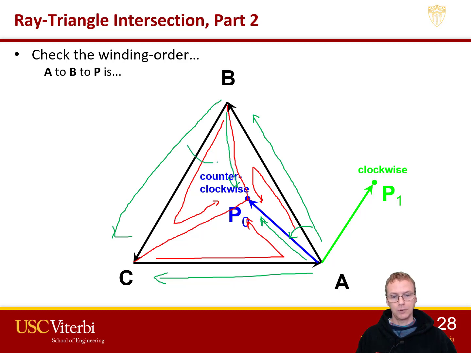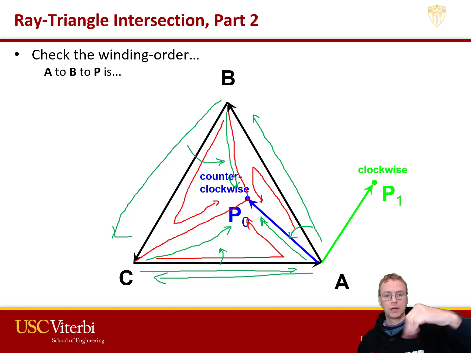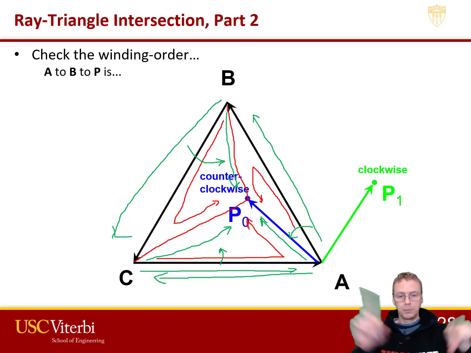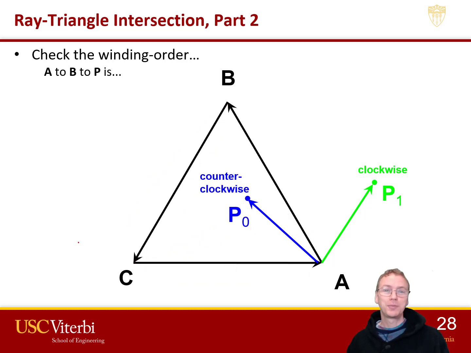And I will cross those. And then I will take CA crossed CP0, and I will cross those. So each one using the same right-hand rule, boom, boom, boom. In the case of P0, I'm going to find all those mini triangles face in the same direction.